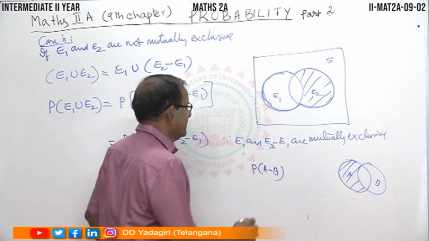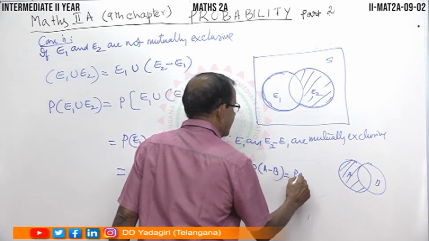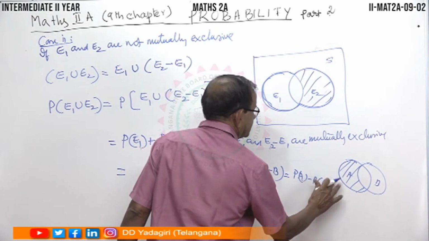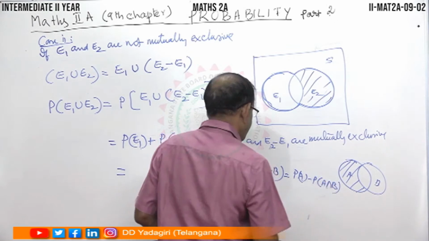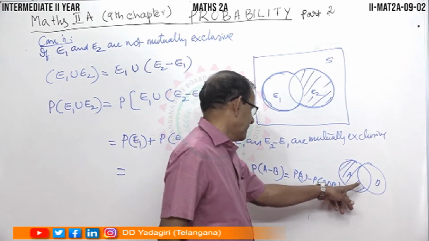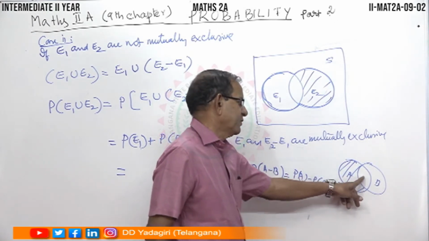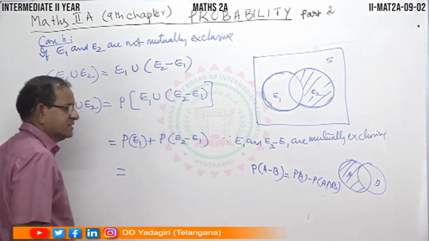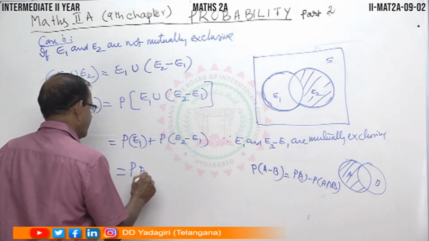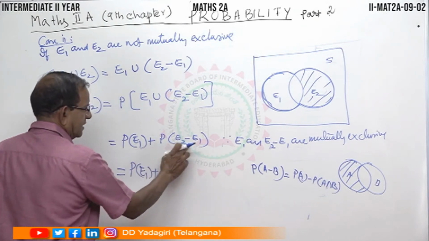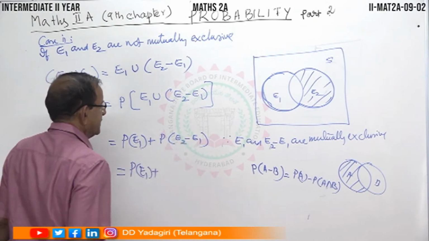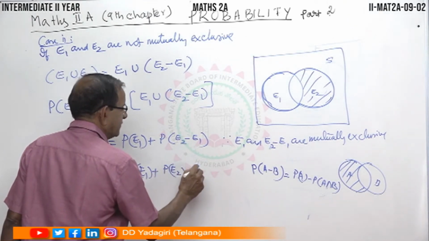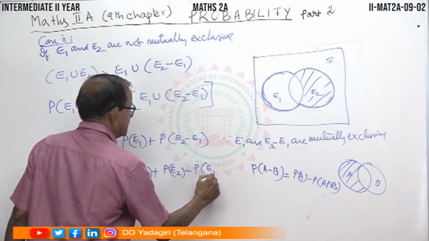P of A minus B is equal to P of A minus P of A intersection B, sorry, P of A minus this white part. So by using that, you can write P of E2 minus E1 as P of E1 plus, now this is in the form of P of A minus B, that is P of E2 minus P of E1 intersection E2.